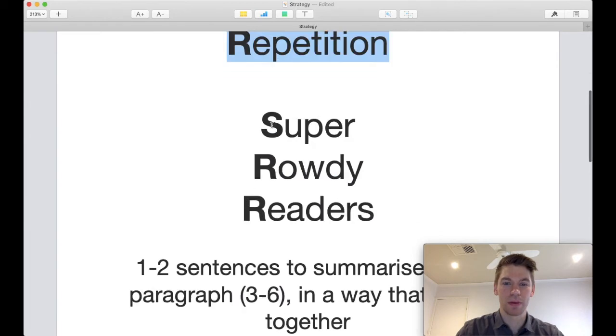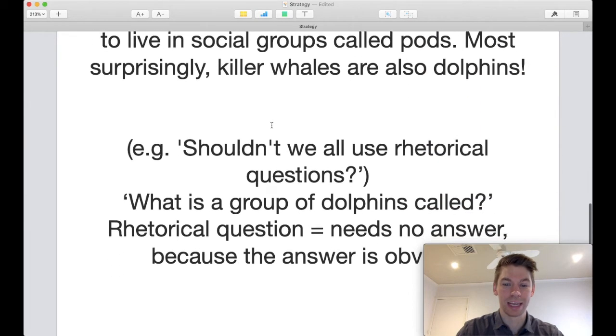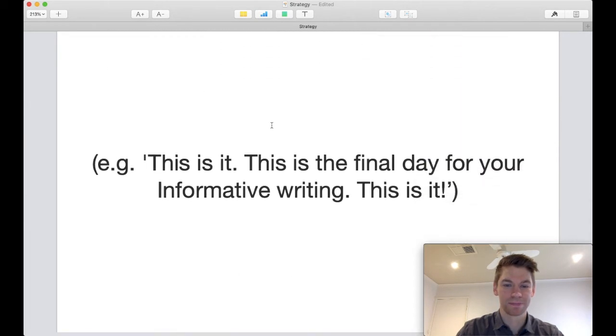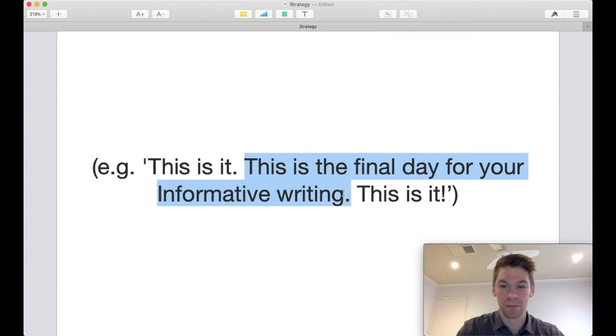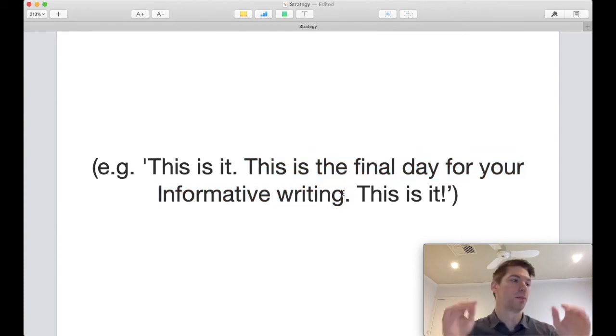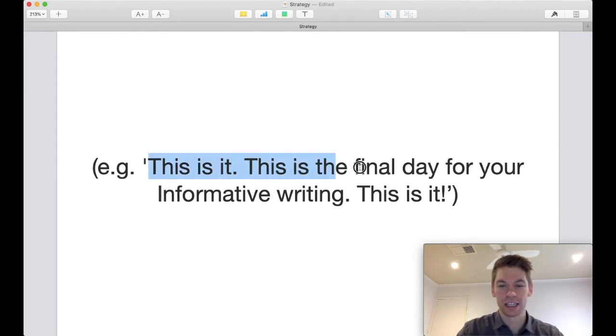And lastly, repetition. This is probably the easiest one to use a little bit. And you can vary it a little bit just so it's not super predictable when the reader is reading. So you could change it up a little bit, like this is it. This is the final day for your informative writing. This is it.